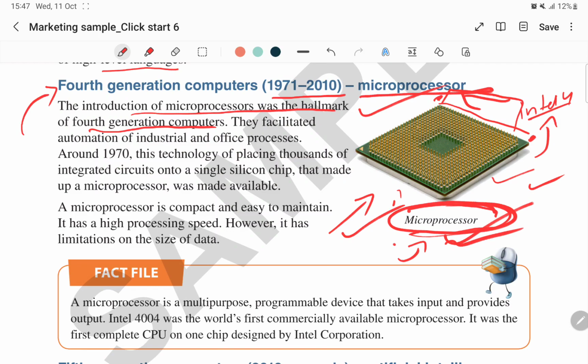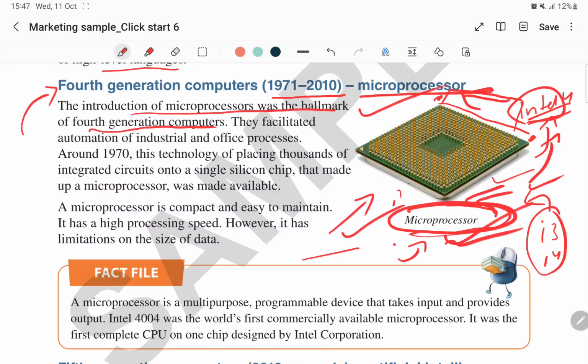That's why whenever you buy computers or laptops, we focus on the processor. Is it Intel Pentium 4, Intel Pentium 5, i3, i5? These are versions and variants made by the Intel computer company.